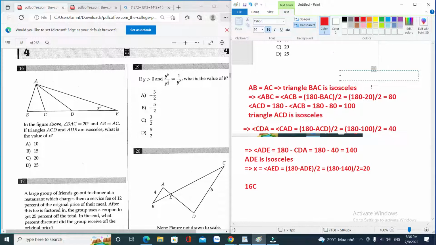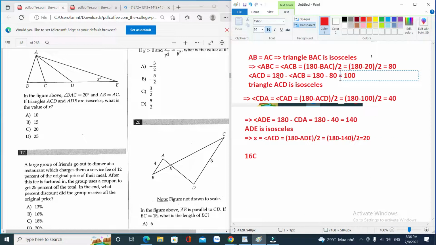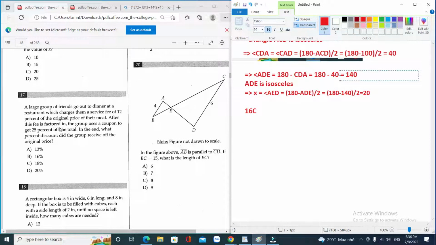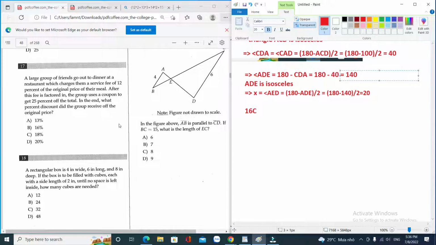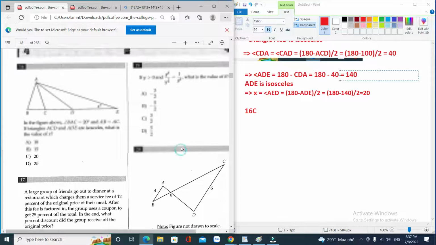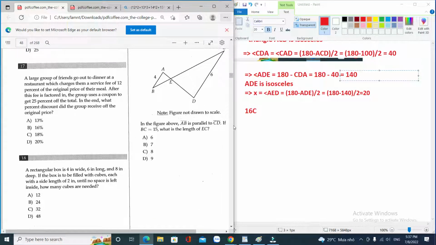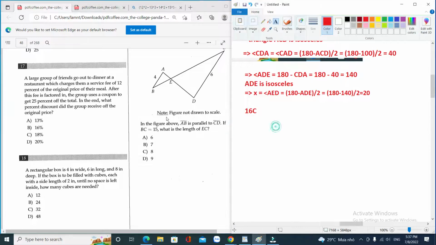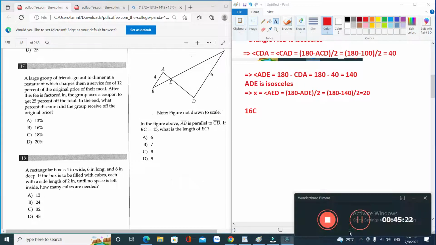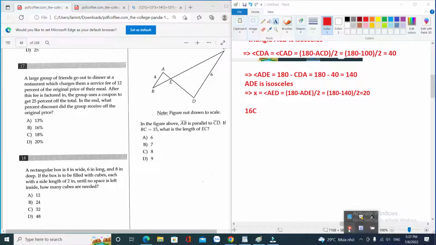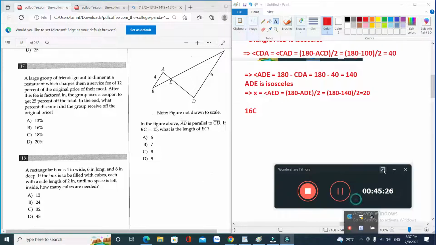Okay. 17. A large group of friends who have dinner at the restaurant will be charged a service fee of 12% of the original meal price.